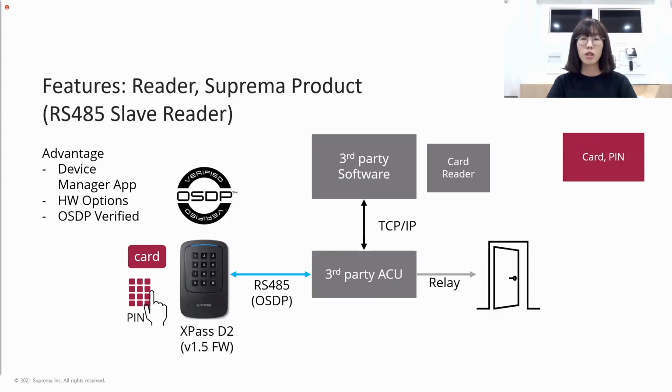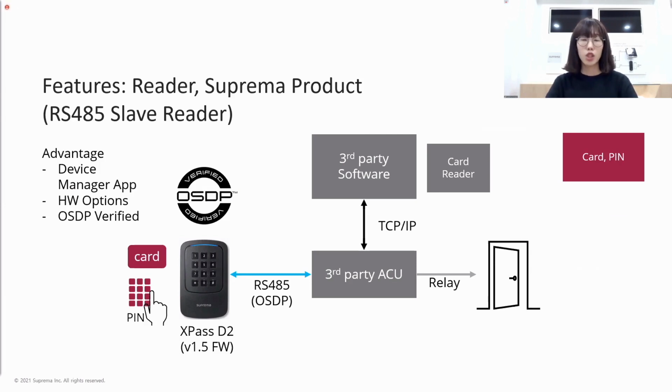The Suprema device connected to the access control panel via RS485 is referred to as an RS485 slave device in BioStar terms. An RS485 slave device does not store user information. It receives the requested command from the access control panel and operates accordingly. For example, when a card is scanned or a card input is performed, it is expected to pass the information to the access control panel via OSDP.